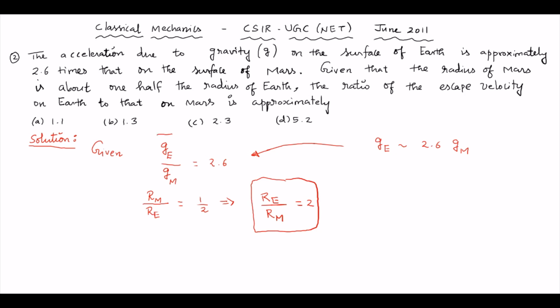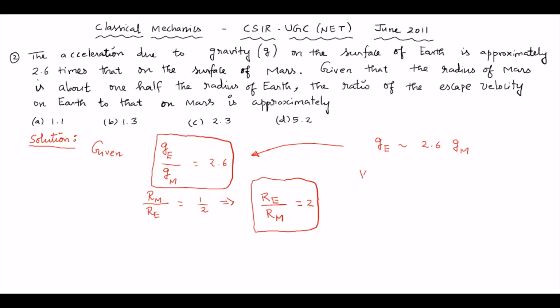Now what we have to calculate is the escape velocity on Earth to that on Mars, approximately. Now what is the escape velocity formula?